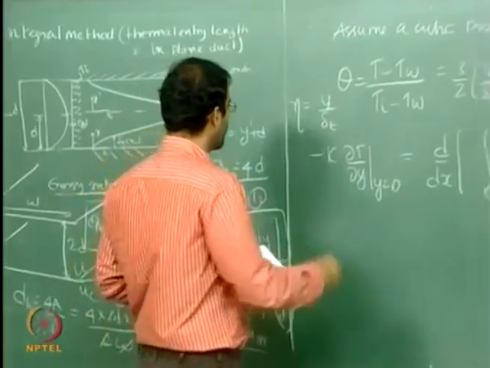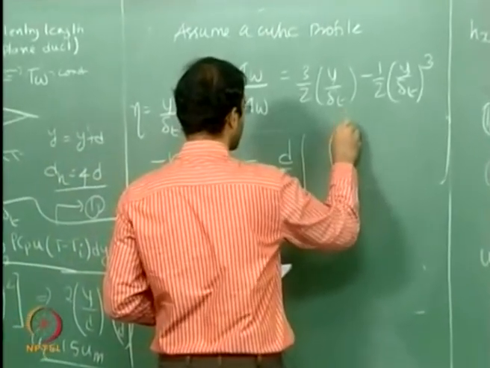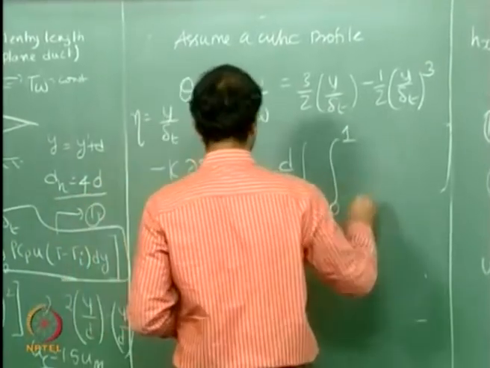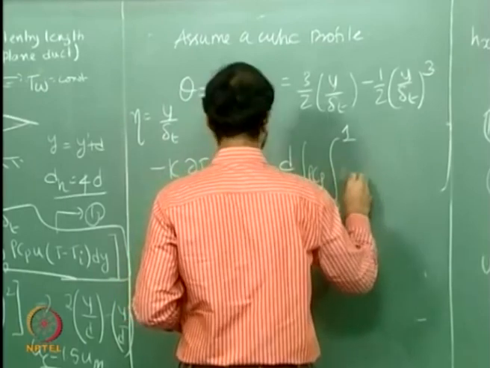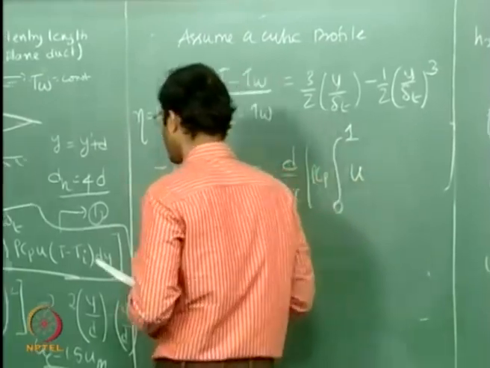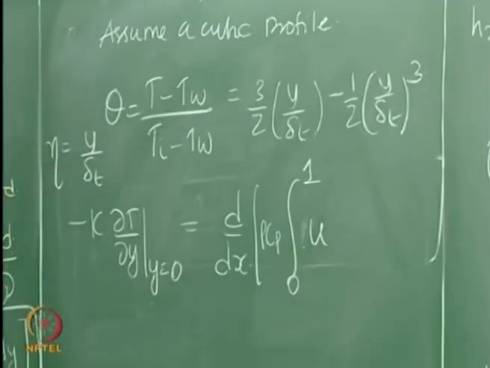Therefore I can integrate across the non-dimensional coordinate so that the limits of integration become 0 to 1. Okay, so rho Cp into u into (T minus Ti) I can write in terms of theta.